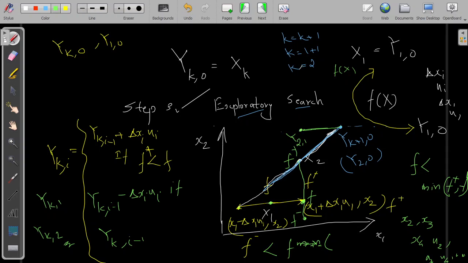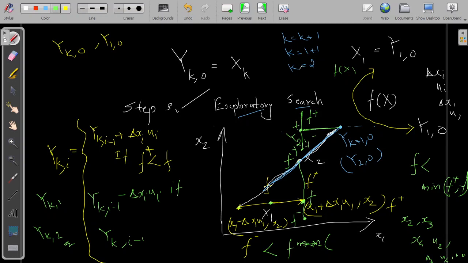In the next step we will choose the direction parallel to x2, that is the u2 direction, and we will go in this direction and also in this direction. We will get 2 points, this will be f plus, this will be f minus, and this is f.